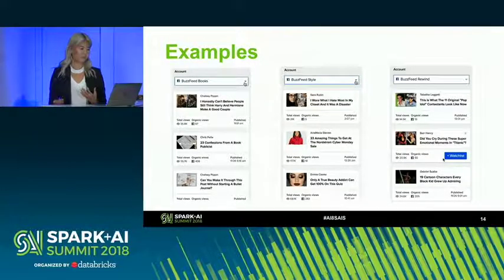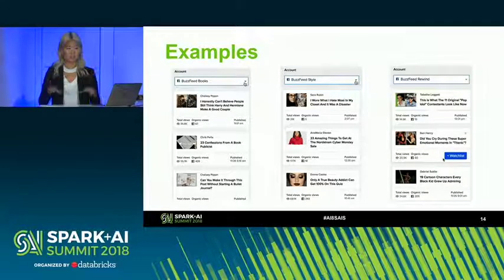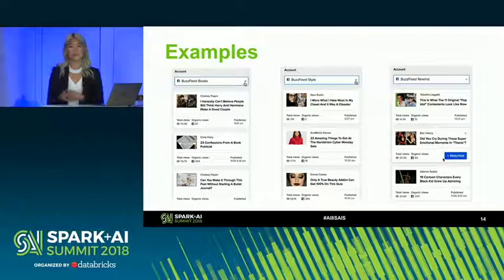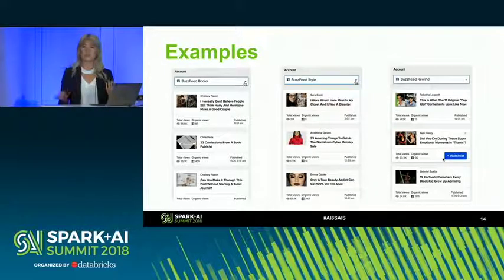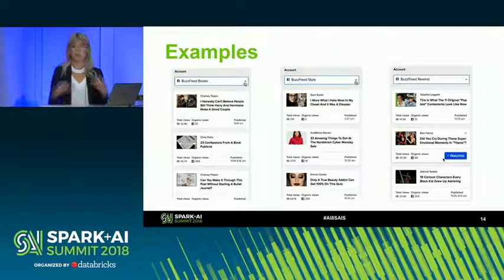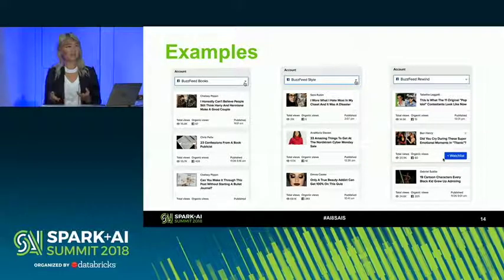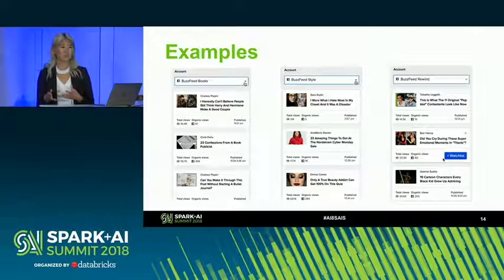And here are some examples of what that looked like in the end. For BuzzFeed Books, the Facebook page, our recommendation model learned that Harry Potter fandom content is really popular, and bullet journaling content is also popular, even though that's not even a book. That was something it learned about the audience. As for BuzzFeed Style, another channel of ours, the curator told me they've noticed that people who follow that channel really love cynical posts about fashion.